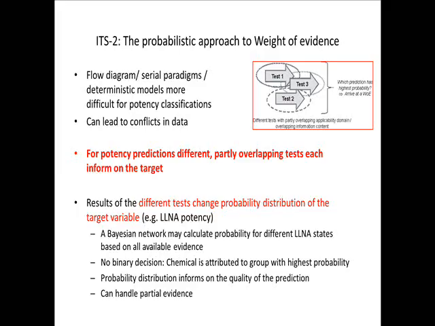Because each of our tests informs us on the target. So each of our tests changes a probability distribution of the target variable, which is our LLNA potency class. And to calculate what is the most likely probability of our target, we use these Bayesian statistics.